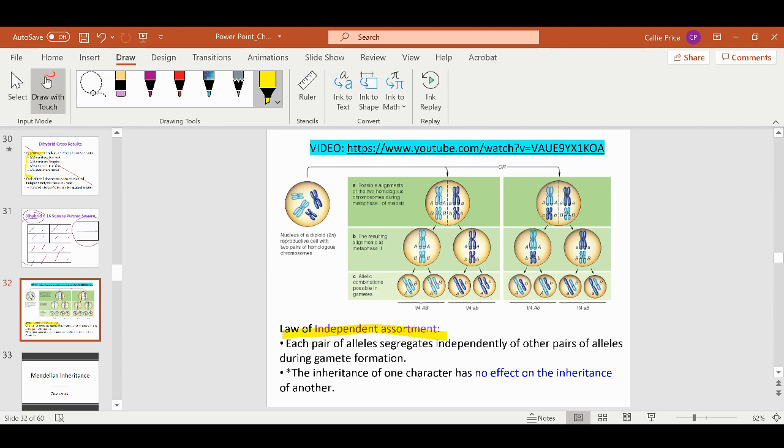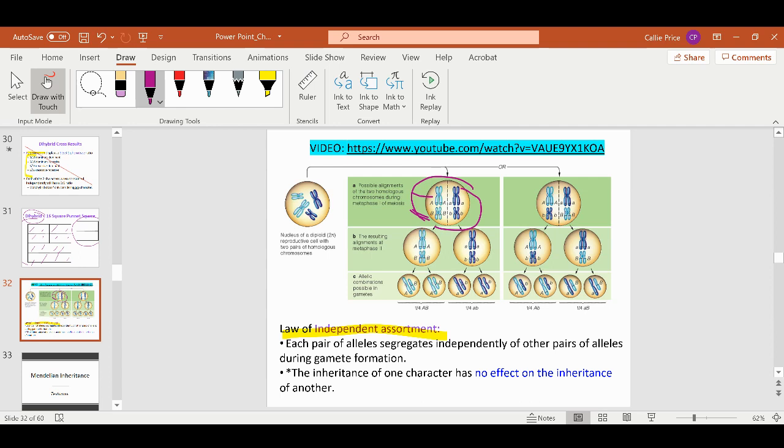What that is saying is when we're looking at the homologous pairs during cell reproduction, whenever they are lining up and dividing throughout meiosis, we can see that the two separate homologous pairs here, so we have one here and one pair here, represented by the A genes or the B genes, these pairs are not tied to each other.